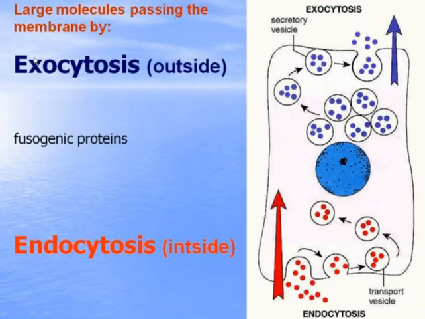Large molecules and particles pass through the membrane by exocytosis, outside the cell during the secretion process, and endocytosis. Then substances and particles go inside the cell.